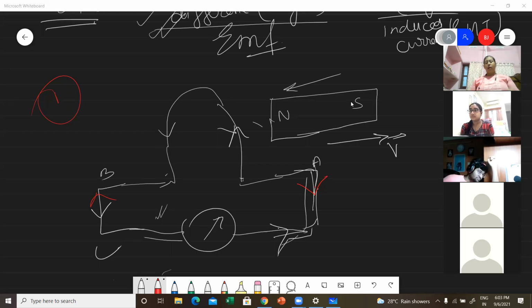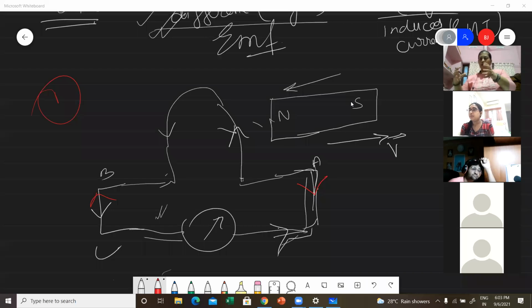Fourth: the coil is moving at 4 meters per second and the magnet is also moving at 4 meters per second. Will current be induced?